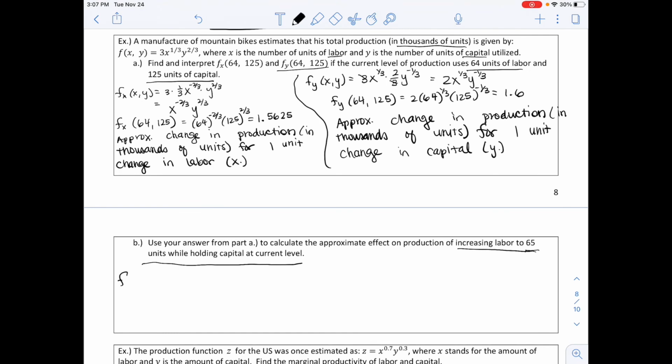So that was our partial with respect to x, and at 64, 125 from part A, looking up above, we got 1.5625 from part A. And so since we're dealing with in thousands of units, this would be the same thing as 1,500, and we'll just round it and say 63.